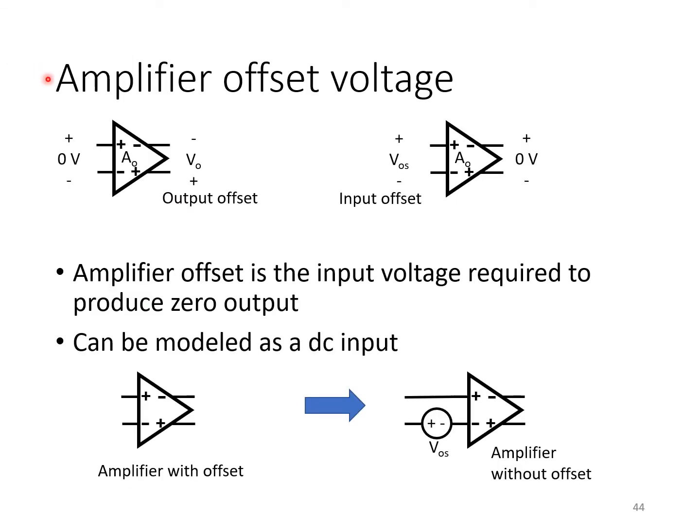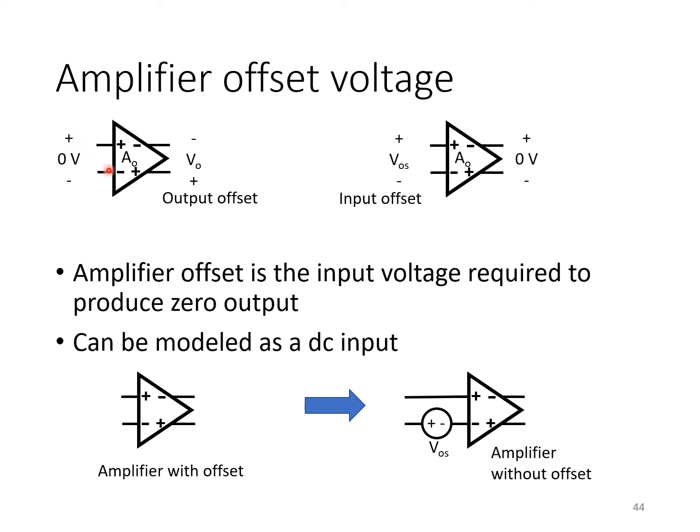Next, let's consider another non-ideality, amplifier offset. We expect that for an ideal amplifier with zero differential input, we would expect zero output. But in practice, there are going to be some non-idealities, mismatch, and so on that will result in a finite output voltage even when the differential input is exactly equal to zero.